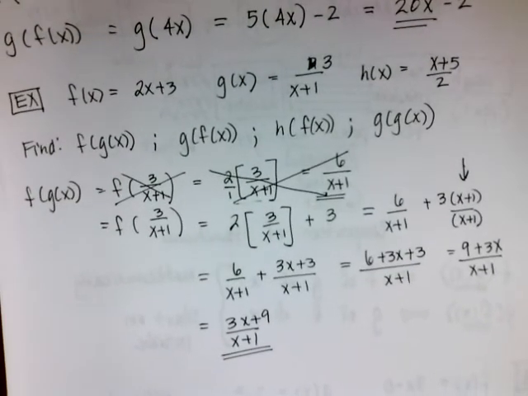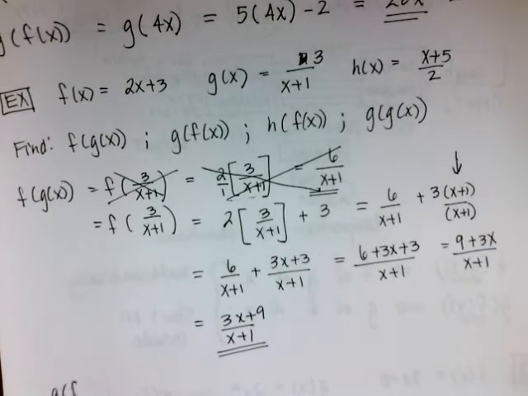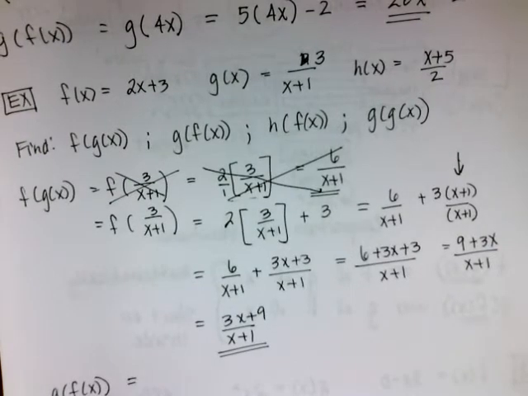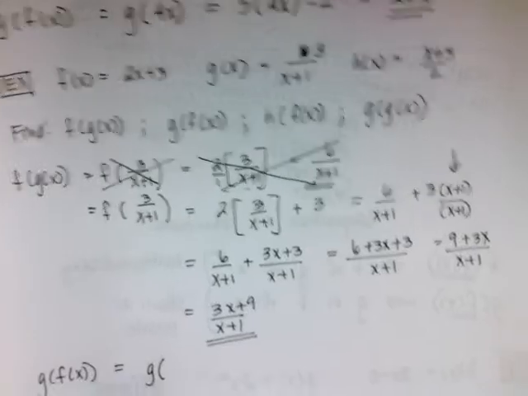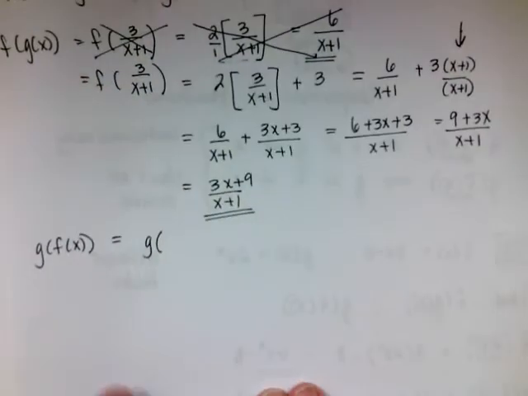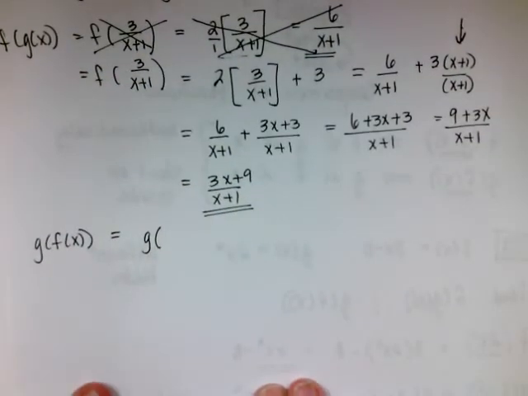All right, now let's do the next one, g of f of x, okay? So I'm going to do g of, oops, sorry, I guess you can't see that. There's my g, and I know you can't see what you were given, but you should have it written down in your notes.